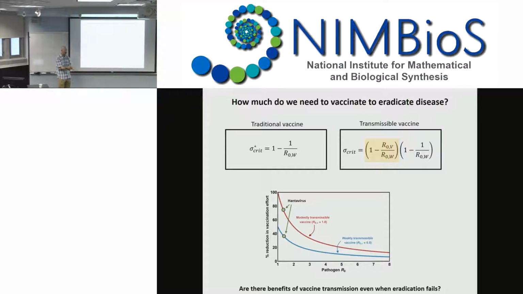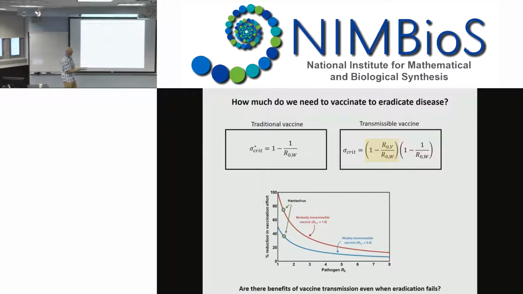What we were also able to show though is now if we let the vaccine transmit, okay, so if we model a transmissible vaccine, it modifies this classic result with this quantity shown in the shaded yellow. Okay? And what's interesting about this is, well, first you can see that it's always going to reduce the amount of effort you need to expend to eradicate the infectious disease.